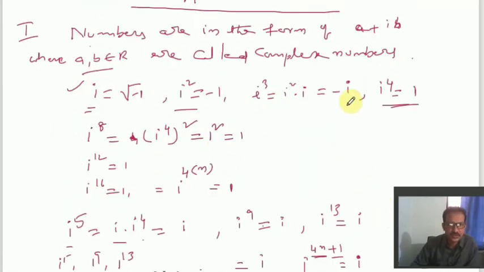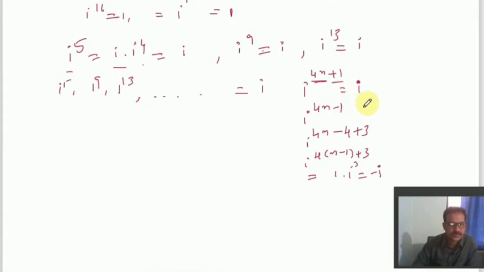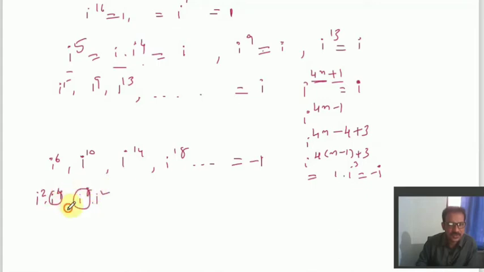So already we said i cube is equal to minus i. Now i power 6, i power 10, i power 14, i power 18, and so on, can be written as i square into i power 4, like i power 4 plus 2. i power 8 into i square, its value is 1 times i square, and i square is always equal to minus 1.